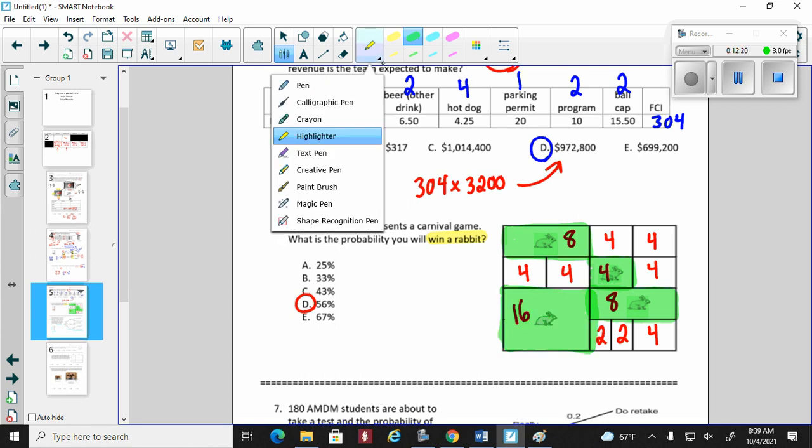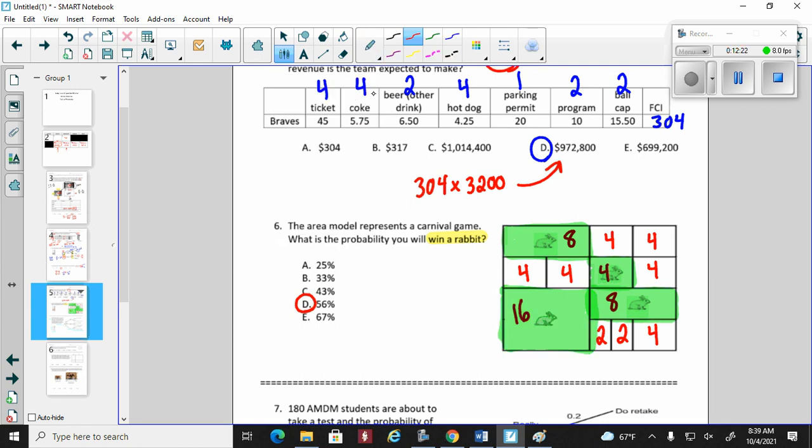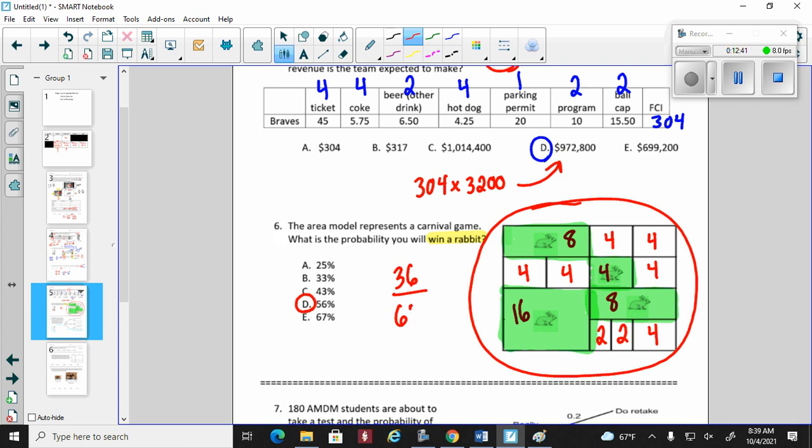Some people would look and go, oh, there's 1, 2, 3, 4 rabbits, so it's 4 divided. No, you've got to use the area, folks. So add up all the green pieces. That's 8, that's 4, that's 8, and 8, 36. So 36 divided by the whole thing, which I believe is 64. That's how I get 56.